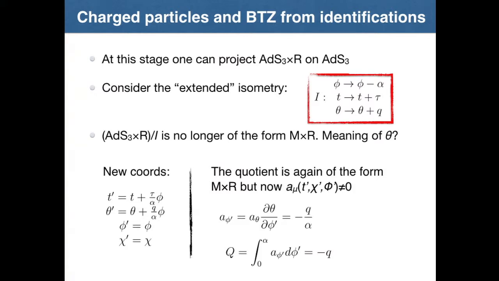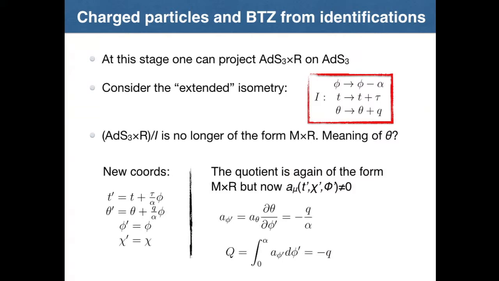But on the other hand, I can play a similar trick as before, and I redefine my coordinates such that the isometry acts trivially only in the angular coordinate, so only in the coordinate phi, that was the angular coordinate in the ADS3 solution. And after I do this, I obtain again a manifold which is of the form M cross R, where M is just interpreted to be ADS3.